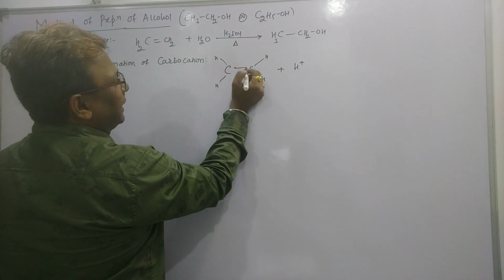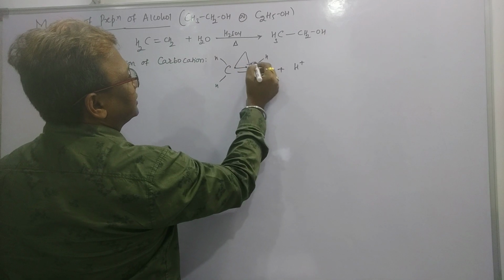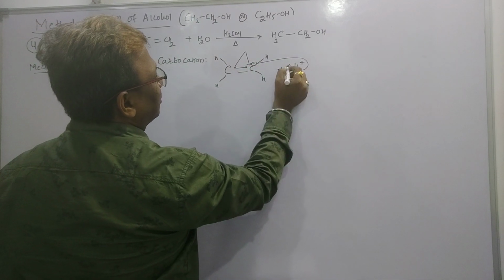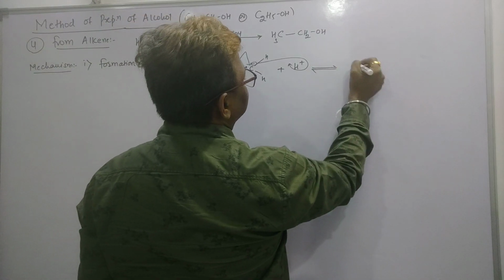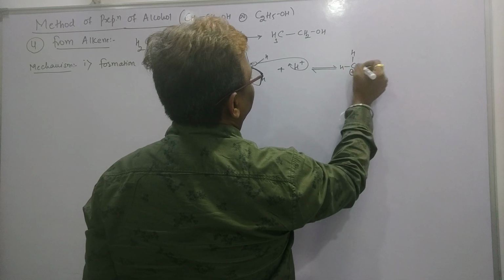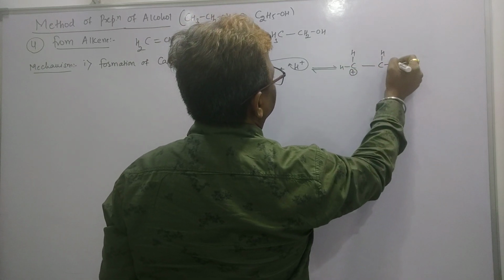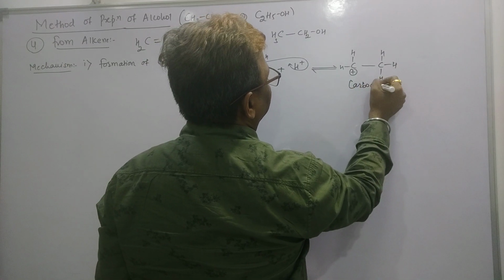This is a pi bond. It shifts to this carbon, which gets a negative charge, and this negative charge takes the H plus. In this way we get CH2 with a positive charge over it, and these are the three H we got.